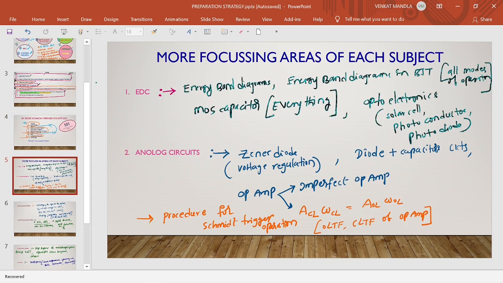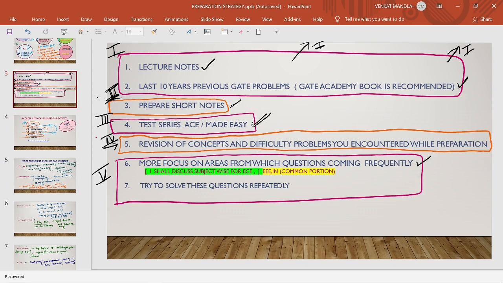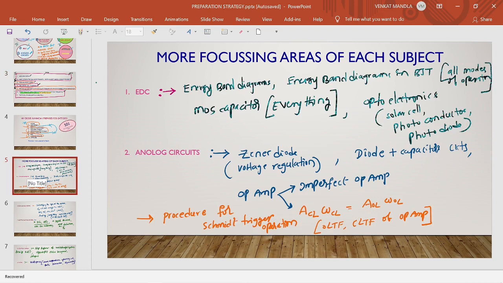In this block, focus more on areas from which questions come repeatedly. That I am going to discuss subject wise for ECE.